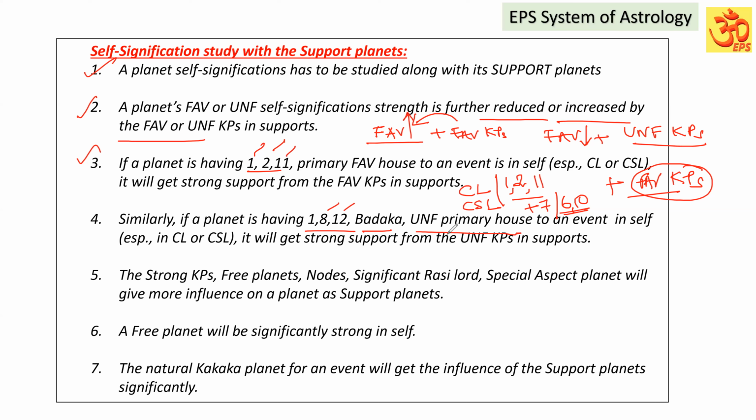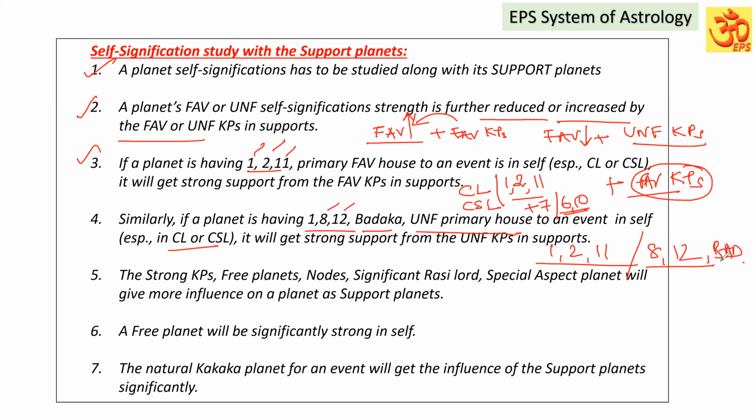If your planet is having these houses in self, especially in CL or CSL, it will get strong support from the unfavorable key planet in supports. It means, when you're studying self-signification of your planet, this is Lagna Lord or second Lord or 11th Lord on the favorable side, or 8th Lord or 12th Lord, of course Lagna also will come into play, and Badhaga Lord.